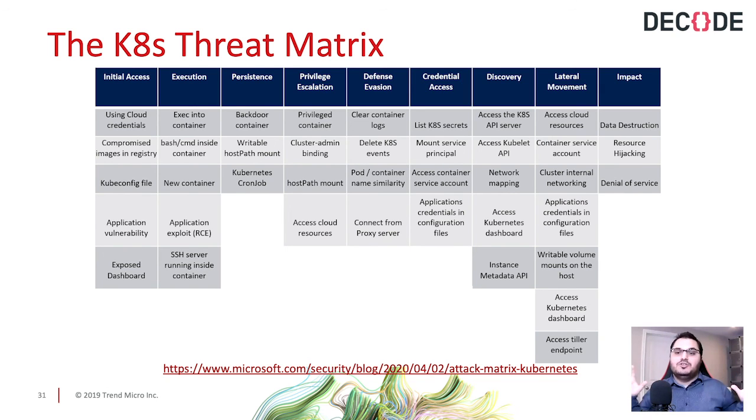It's not an official matrix for the MITRE ATT&CK, but it's very helpful, showing based on each tactic and technique which techniques are used by attackers and criminals to compromise your cluster. It has some missing techniques and missing steps, but it's a great start for you to understand and protect your cluster better.